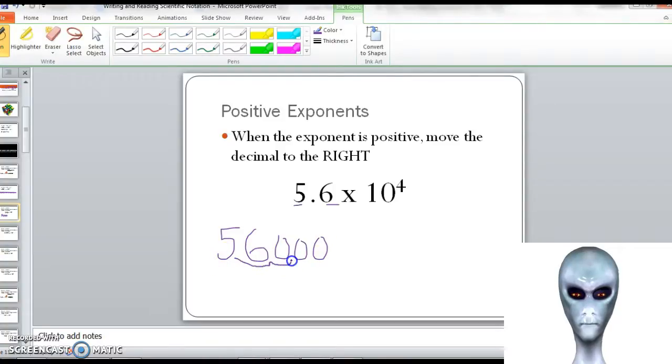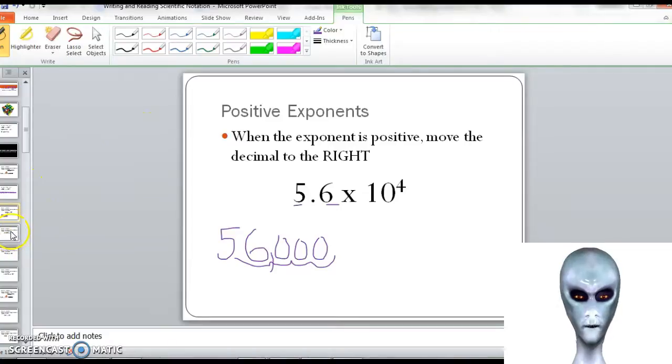This is also the same thing then as 56,000. Make sure you put your commas in. That's really important. So I always go back 3 spaces to put my comma in.